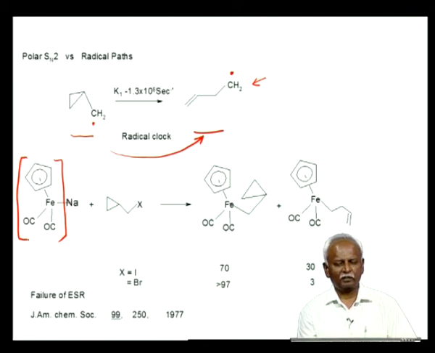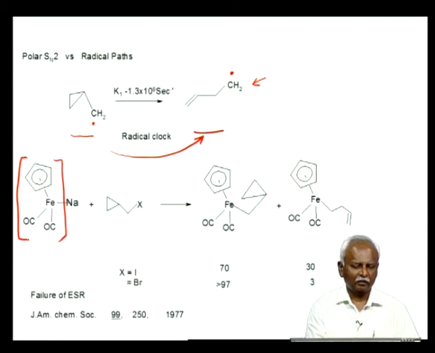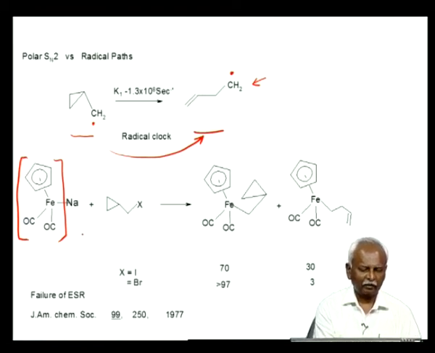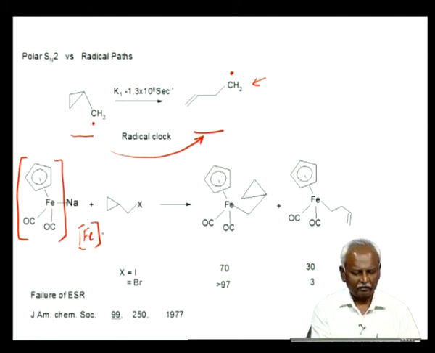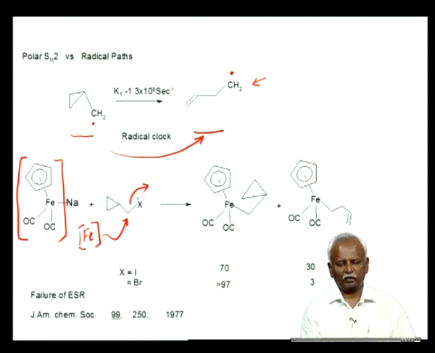So, this is again a d8 species. This d8 species can do a nucleophilic substitution. If you write the iron in this fashion, FeCp(CO)2, then it can carry out a nucleophilic substitution on this carbon and give a product which is indicated here.